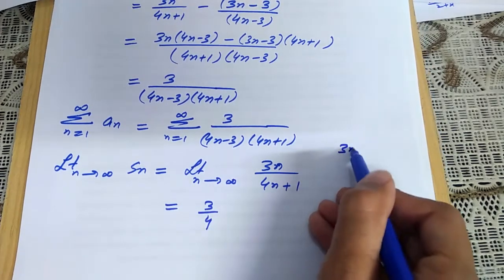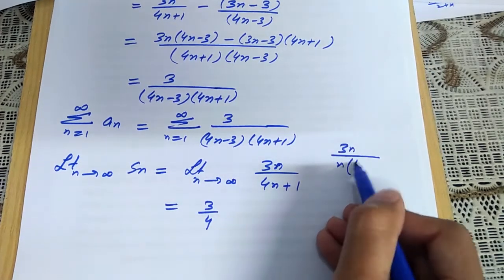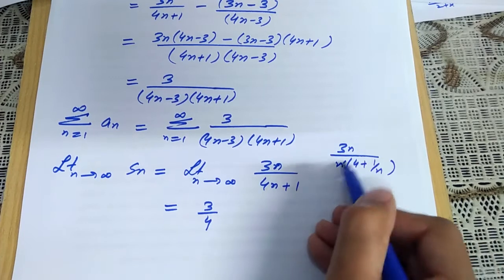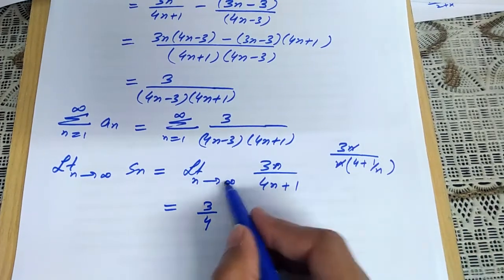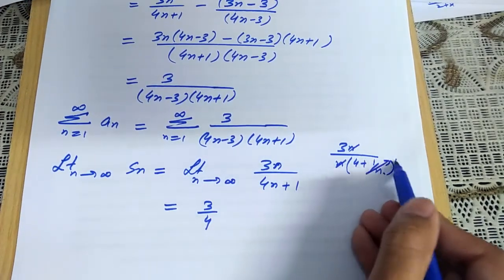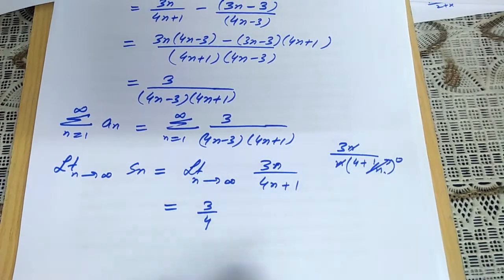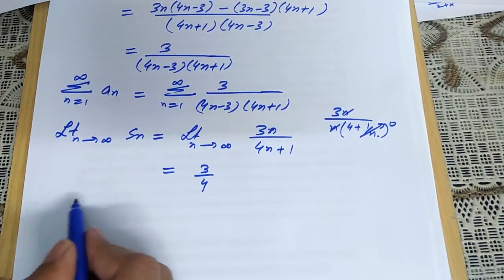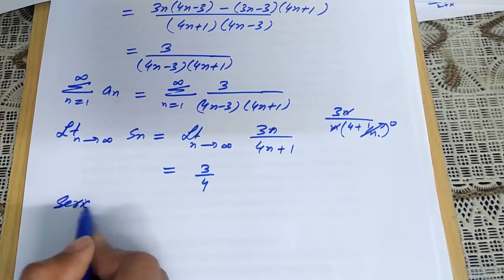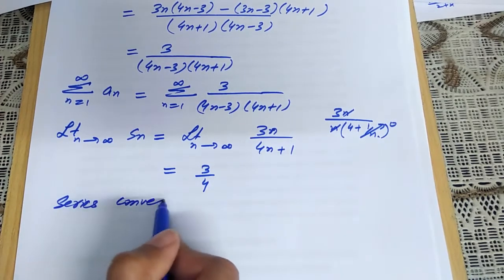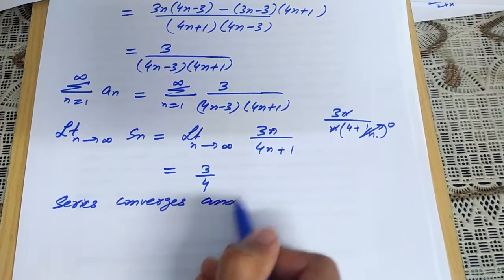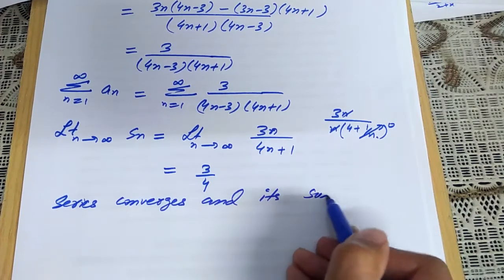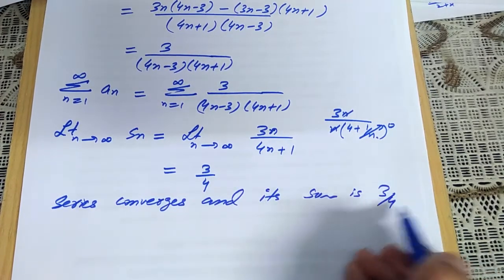How? Just take n common from the denominator. You will get 4 plus 1 over n. This n and this n can be cancelled out. Apply the limit. 1 over infinity gives you 0. So you will be left with 3 over 4 here. So the series converges and its sum is 3/4.